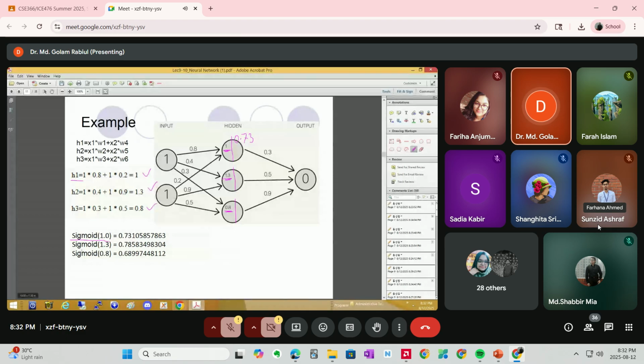Similarly, pass h2 to a sigmoid function, and we get the hidden layer result of our second neuron, sigmoid of h2, which is 0.785. And sigmoid of h3 is 0.689, that is 0.69.